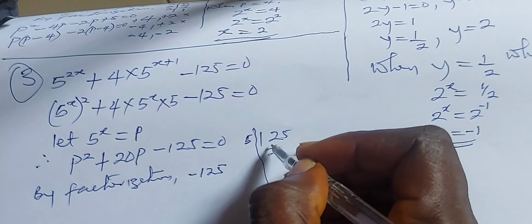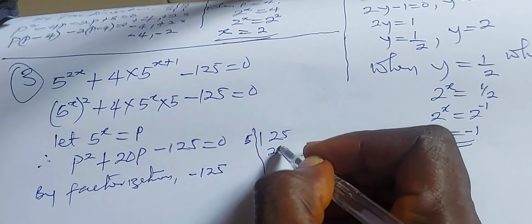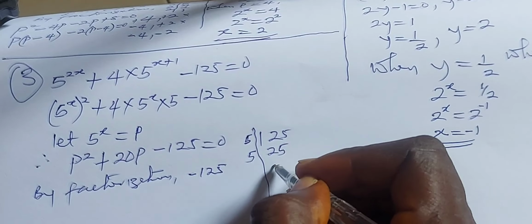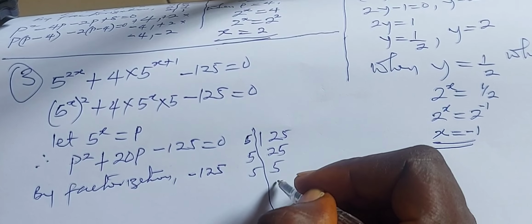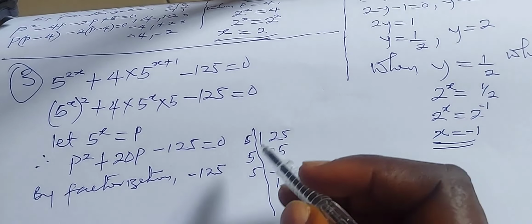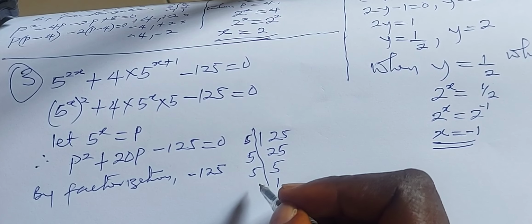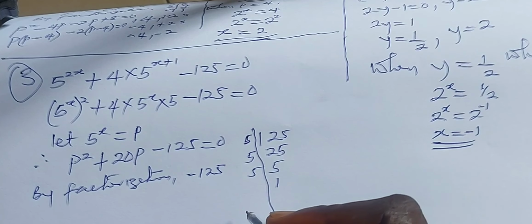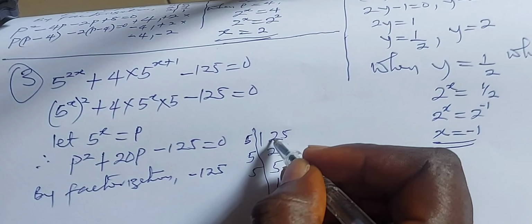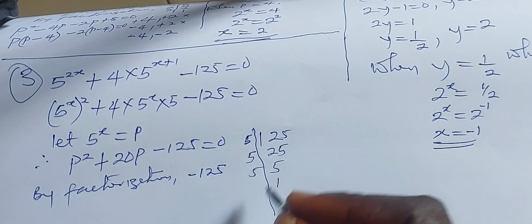We have 5, 5 again, 1. So we now have 5, 5. We can multiply them together to bring other factors. The factors are the numbers that can divide 125 without remainder.